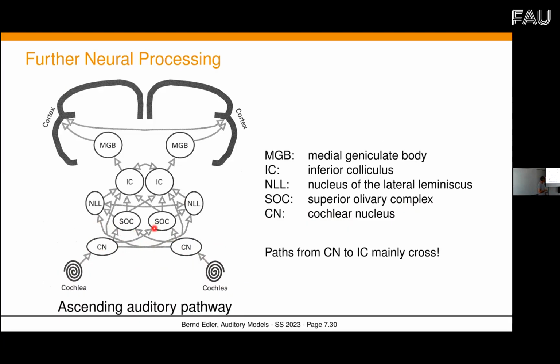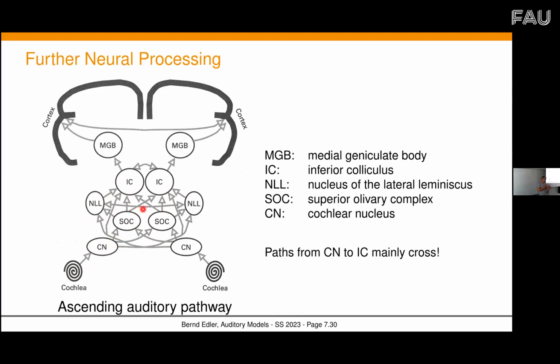And then we have some different regions in the brain which further process, and you see they are connected in a very neat way, with the different regions connected to each other. But mainly the information flow goes from bottom to top in this graph.